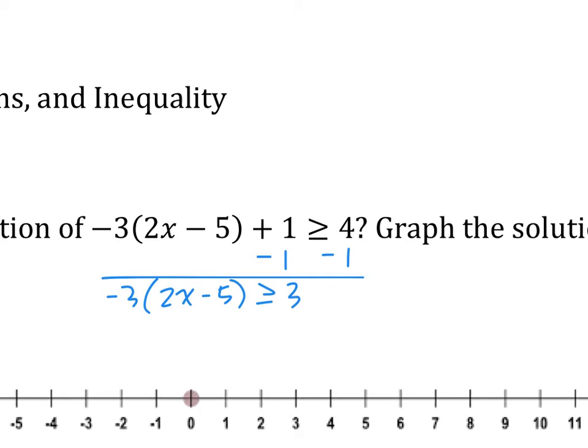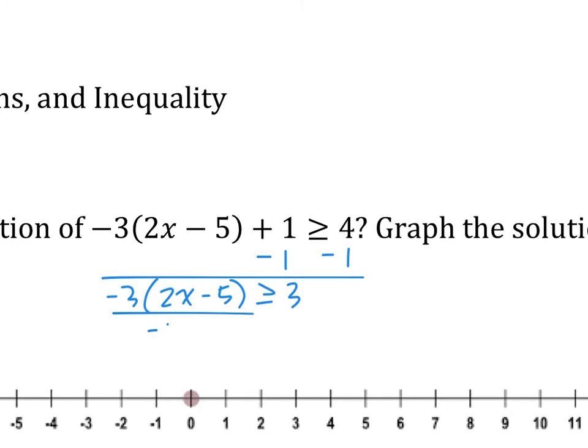So now everybody has a negative 3 times that, and you basically made the numbers a lot bigger. A lot of times it's easier if you don't distribute, when you could just get rid of it by dividing, and you get a really nice number. You can see that 3 divided by negative 3 gives you a very nice number. Then I would just divide. So I'm going to do that instead.